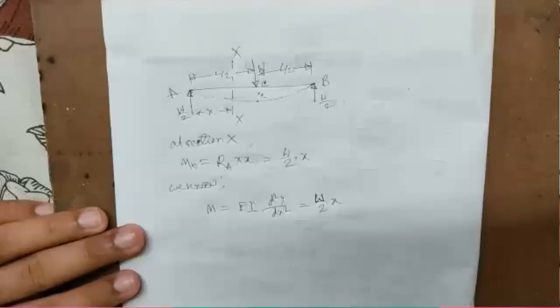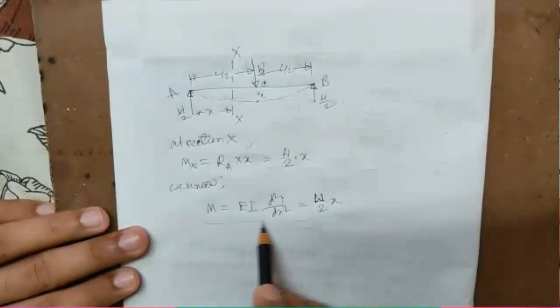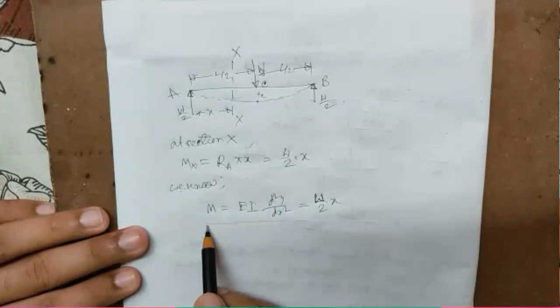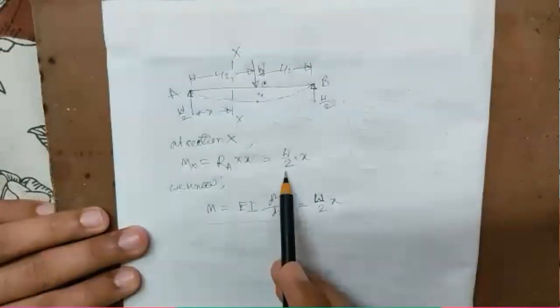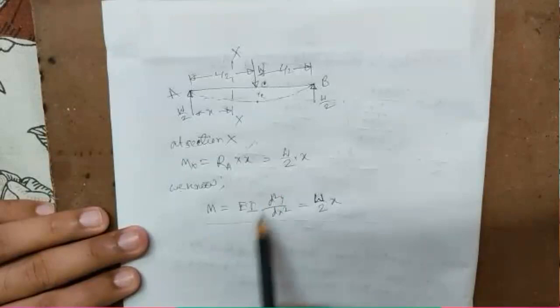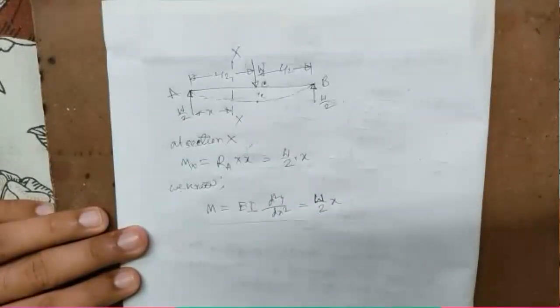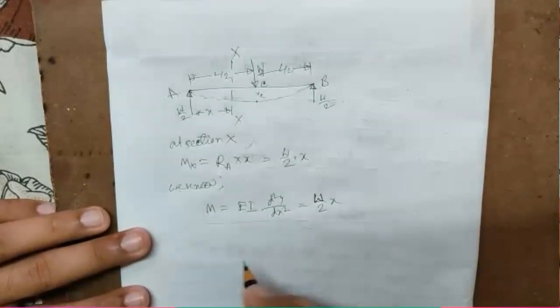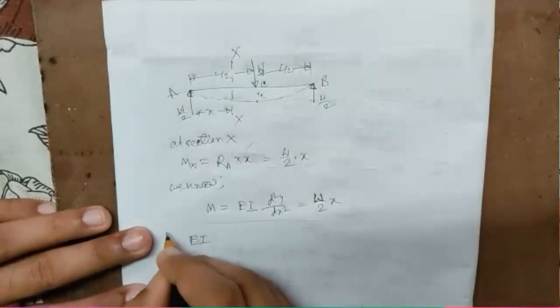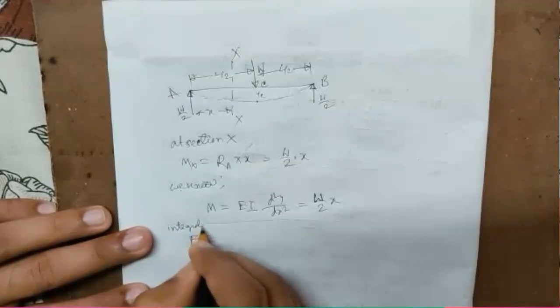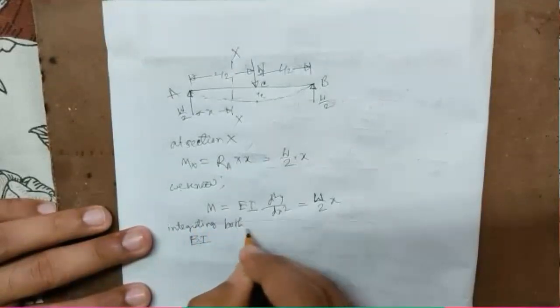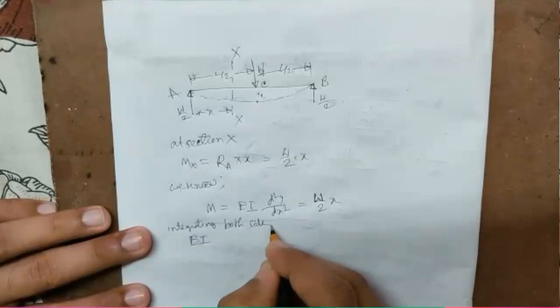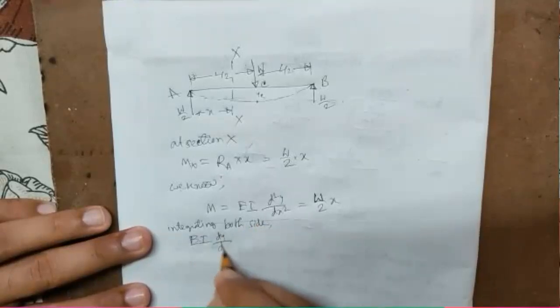So we have just equated our general equation of bending, the general equation of deflection due to bending moment, with this value. Now from here we can integrate. Upon integration, on the left hand side, integrating both sides, we get EI into dy dx.